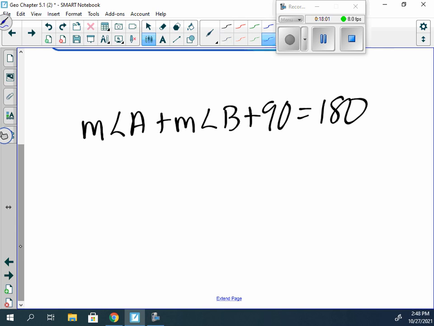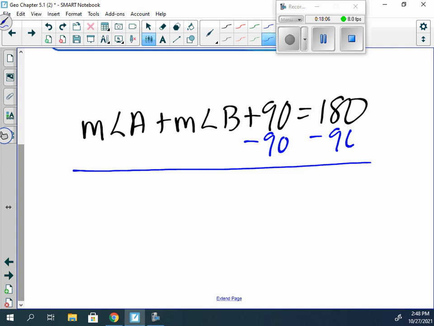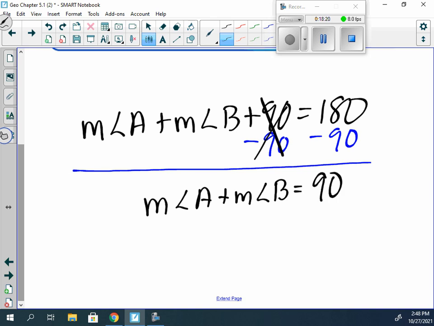If I'm trying to find A and B, I could subtract 90 from both sides, because these would cancel, leaving me with just the measure of angle A plus the measure of angle B. Well, what is 180 minus 90? So they could be 45 and 45, or they really could be any two angles that add together to be 90.